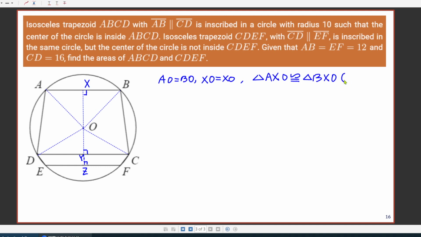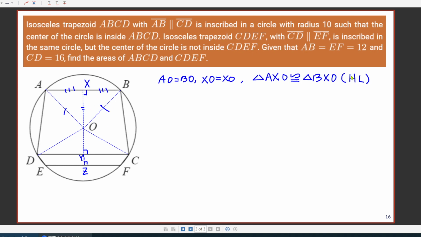Sorry, I think we should use the property HL, hypotenuse-leg, because both of the two triangles are right triangles. Or if you don't use HL, we know AO equals BO, XO equals XO, and of course AX should equal XB.